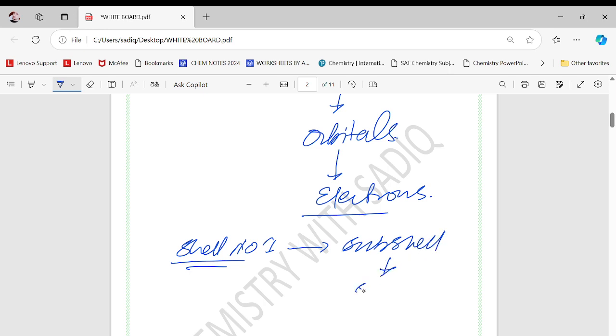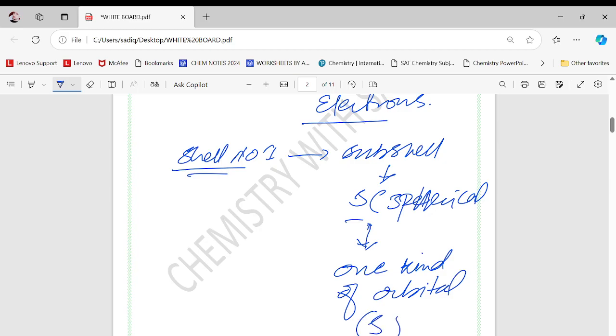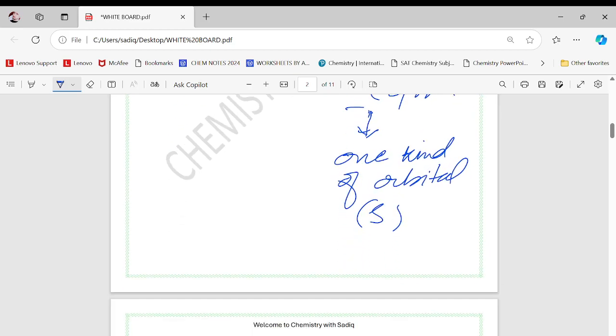That is called S. It stands for spherical. And S has only one kind of orbital, which is also called S. And how many electrons can S accommodate?